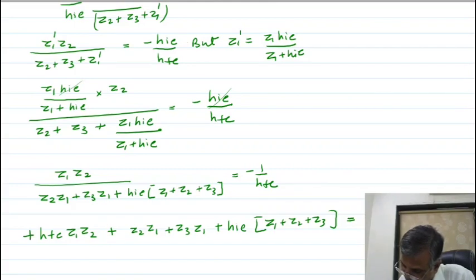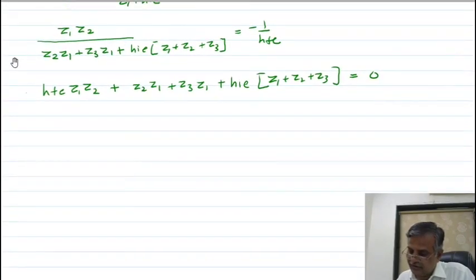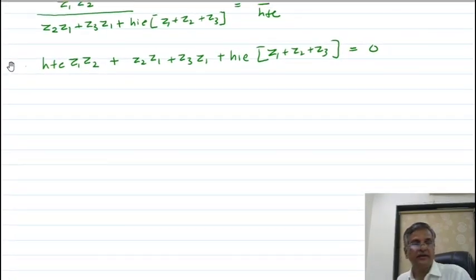Then if I write 0, then this should be plus. This is the similar equation we have derived in the Hartley oscillator. Up to this, the treatment is the same.